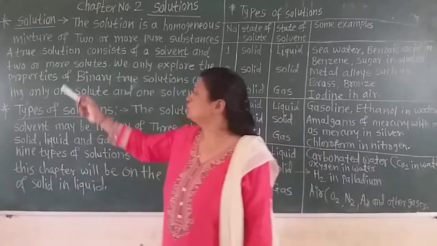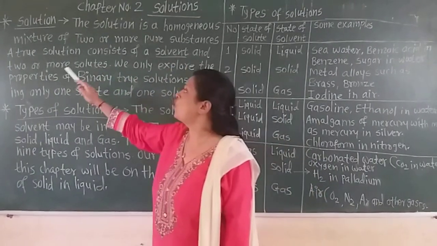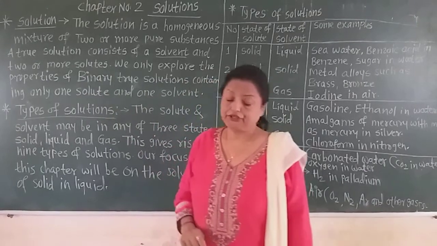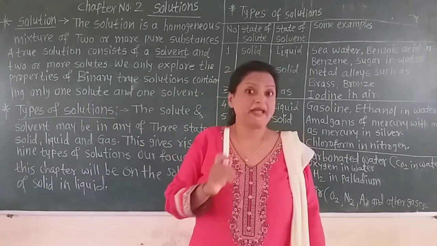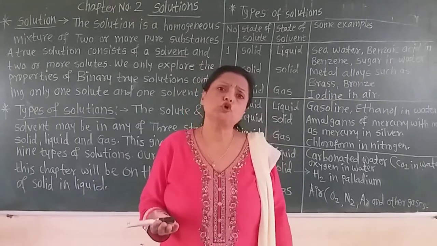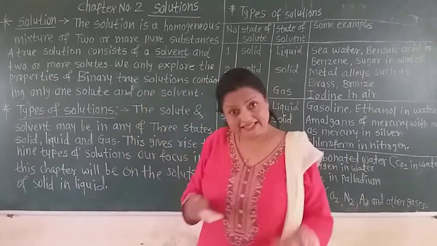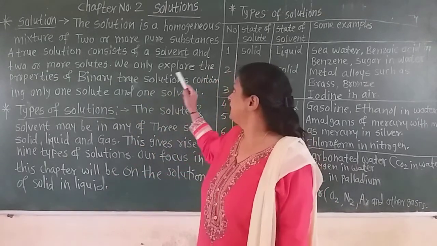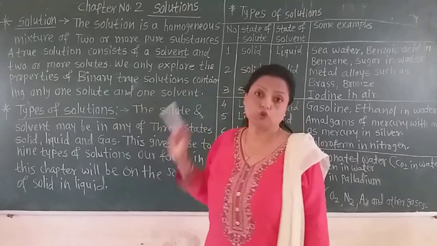Now, a true solution consists of a solvent and two or more solutes. In the true solution, there is one part which is in maximum proportion, that is the solvent, and two or more solutes may be present in it. But in this chapter, we only explore the properties of binary true solutions.